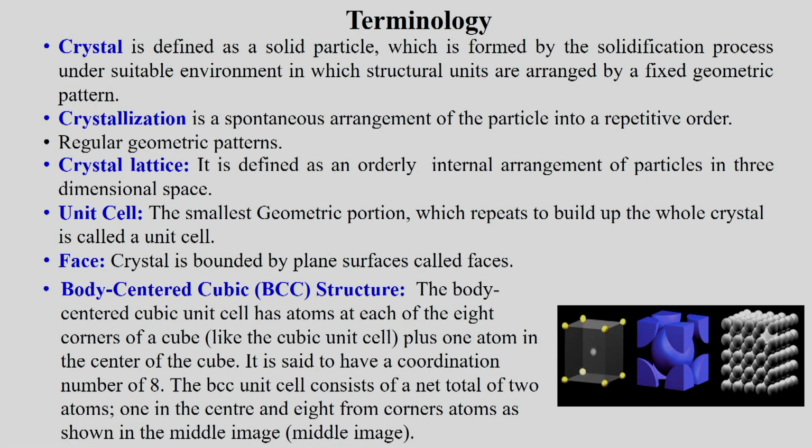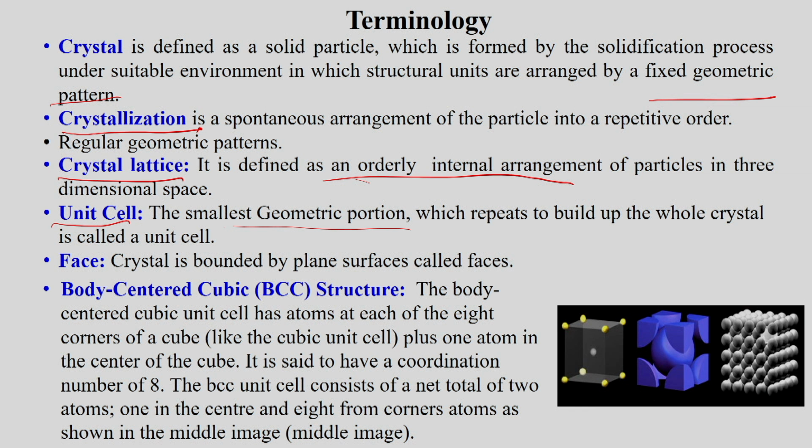Then the terminology: a crystal is defined as a solid particle formed by the solidification process under suitable environment, in which the structural units are arranged in a fixed geometric pattern. Then crystallization is this process. The crystal lattice is defined as an orderly internal arrangement. The unit cell is the smallest geometric portion which repeats to build up the whole crystal.